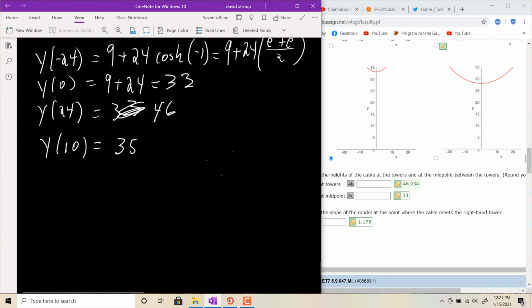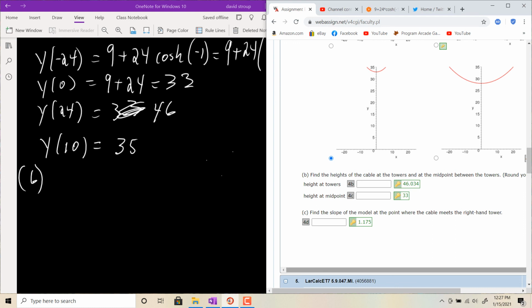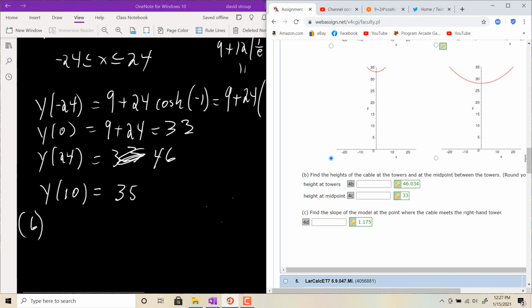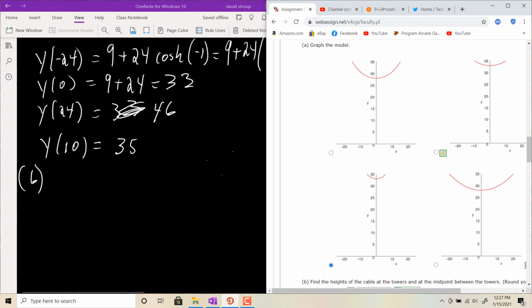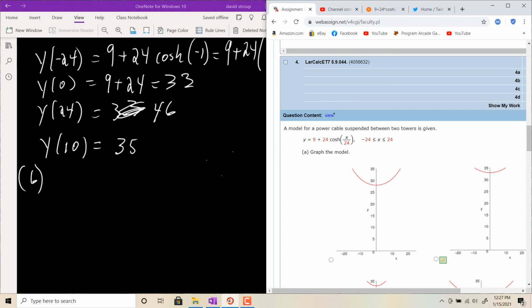Part B. Find the heights of the cable at the tower. We've kind of already done that, right? At the towers, that's where the towers are, negative 24 and 24.